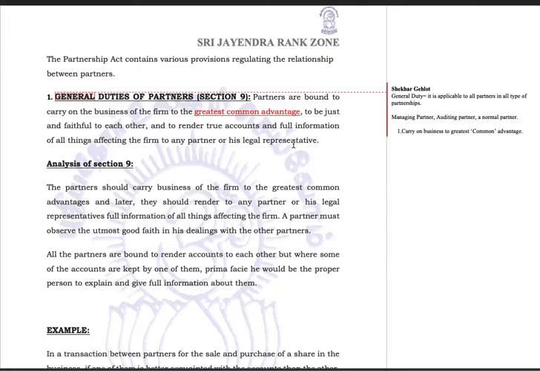This is the case with the partnership. Partnership is teamwork. So whatever a partner has to do, he has to do it for the greatest common advantage of the partnership and all partners as a whole, not for individual benefit or gain. This is the first duty of the partner.